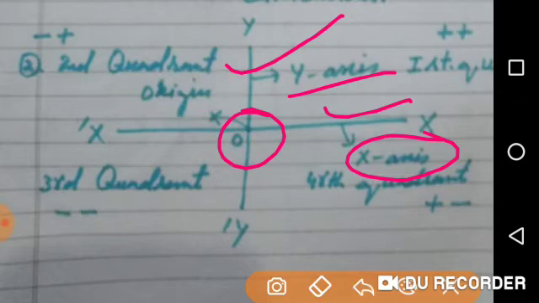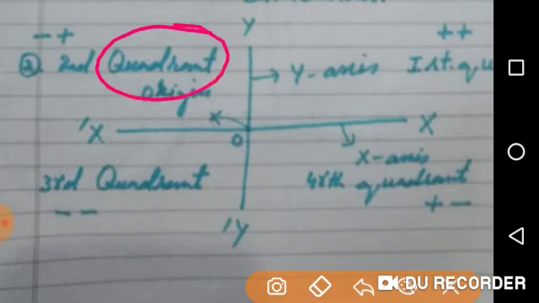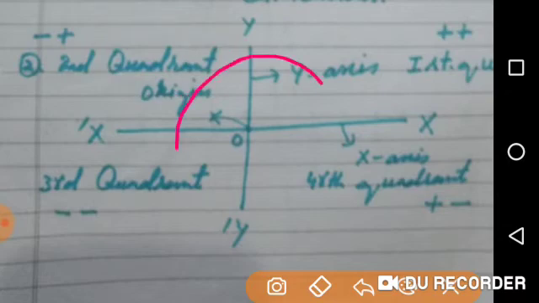And the four parts into which the plane has been divided are called quadrants, and they are named in anti-clockwise direction.